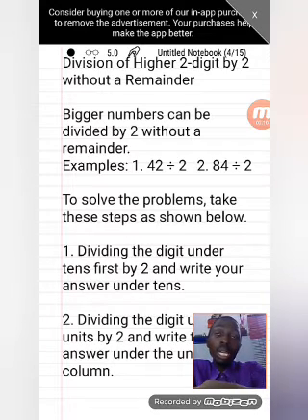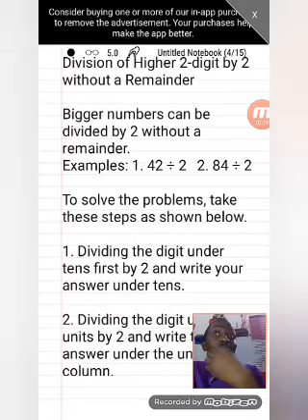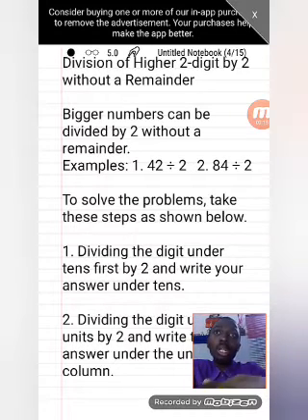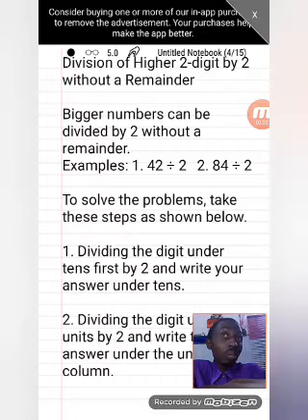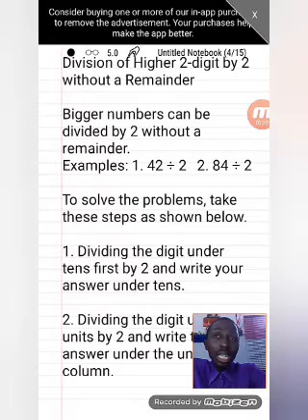Even numbers are numbers that can be divided by 2 without a remainder. Examples of these are 42 divided by 2. Another example we want to look at, to see how 2 can divide a higher two-digit number without a remainder, is 84 divided by 2.